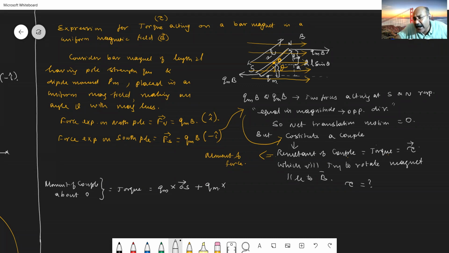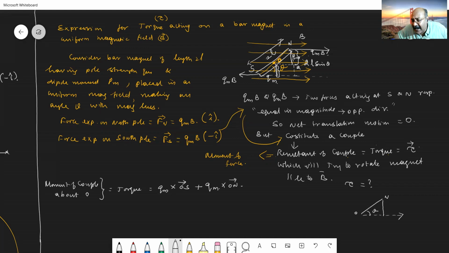That is, at N we have QMB, and this horizontal line is the ON vector. So what is the perpendicular distance for the OS vector? This length. What is the perpendicular distance for ON? This length. What is this length? See here O, here N. This is the horizontal line along which the force is acting.